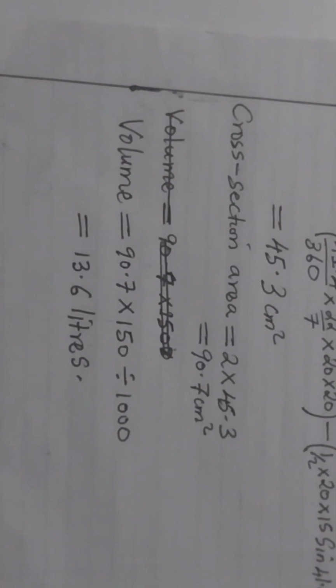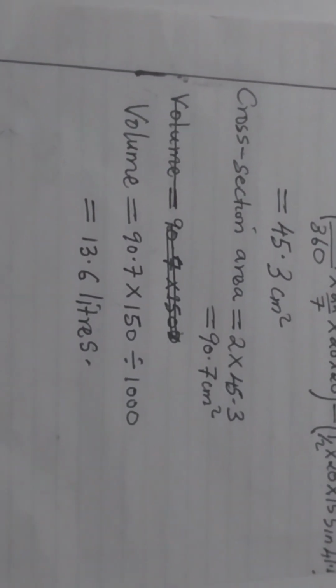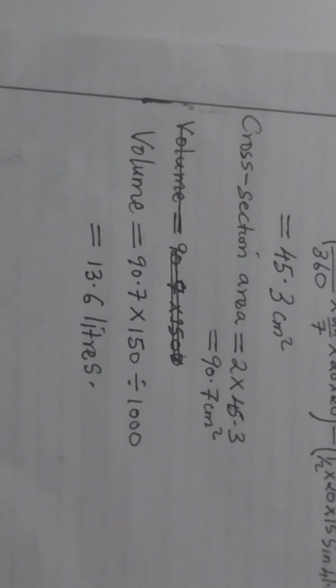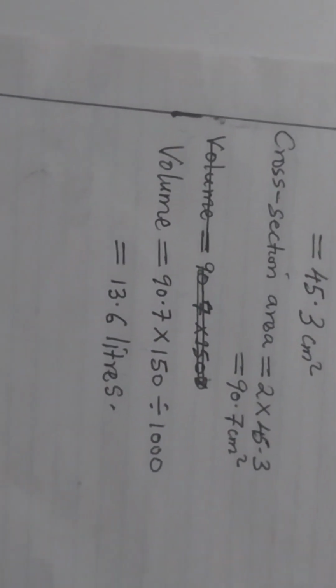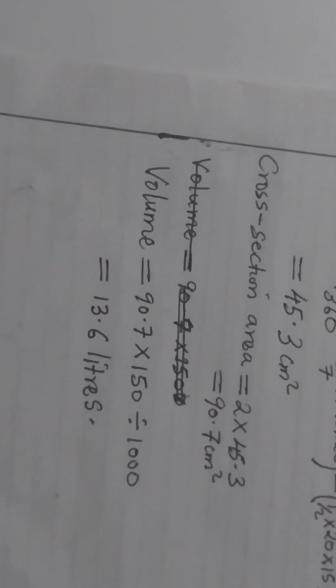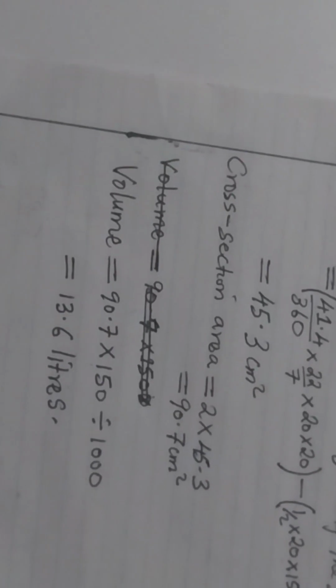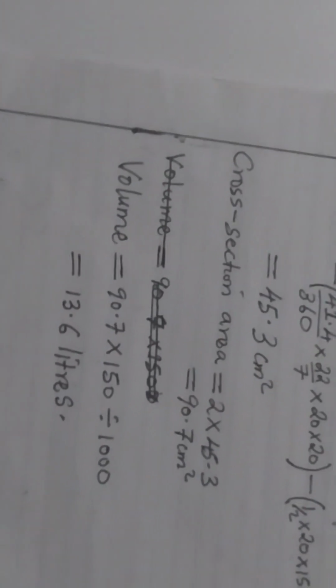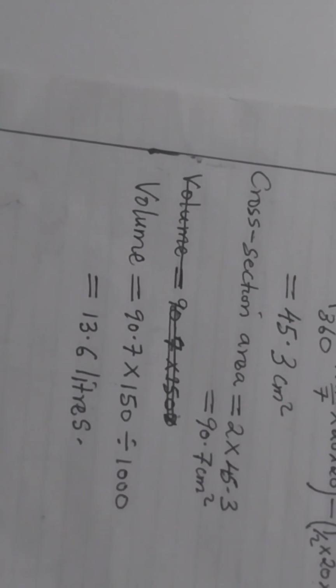So to get values in liters, we are going to divide it by 1000 to get 13.6 liters. Remember, you have to indicate your answer and show the values. Without writing 13.6 liters, then the values are not going to be okay.